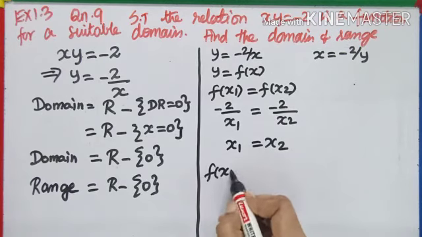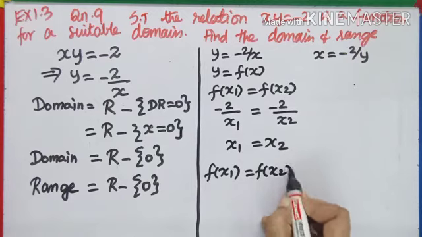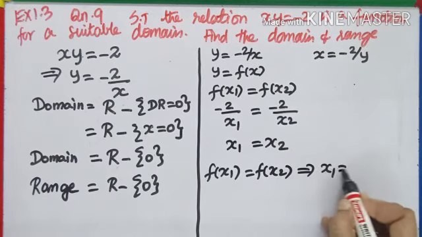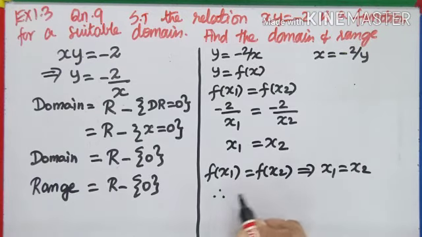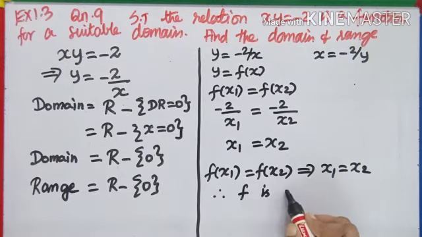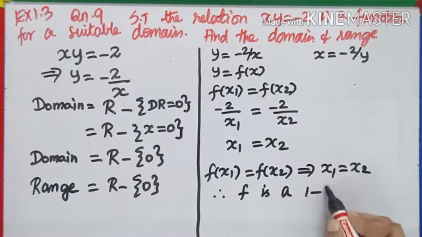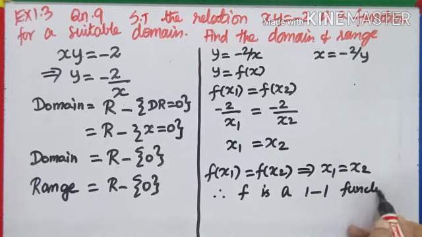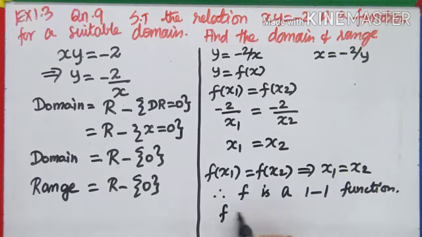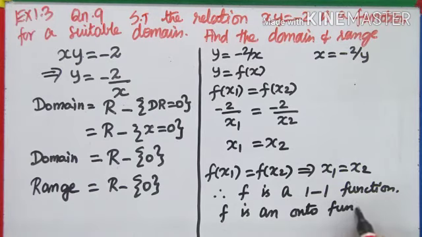So f of x1 equals f of x2 implies x1 equals x2. Therefore, f is a 1, 1 function. I can also say f is an onto function because the range I have declared is R minus 0. So f is also an onto function.